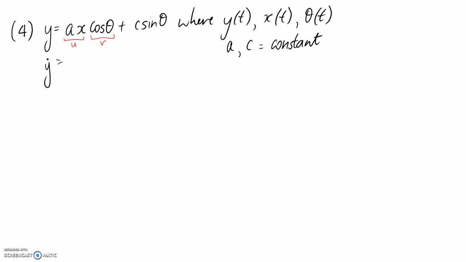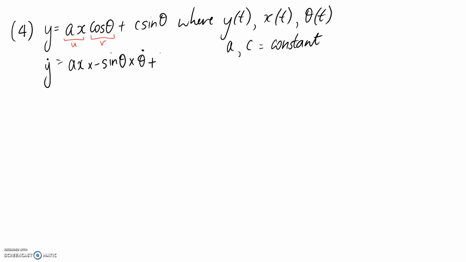So for the first bit, we hold this the same, and take the derivative of the second part. Again, if you want to write the chain rule out in full, you can. Otherwise, it's going to be the derivative with respect to theta, and then the derivative with respect to time. So first bit, derivative of cos is negative sine. And then we need to multiply by the derivative of theta with respect to time, which is theta dot.